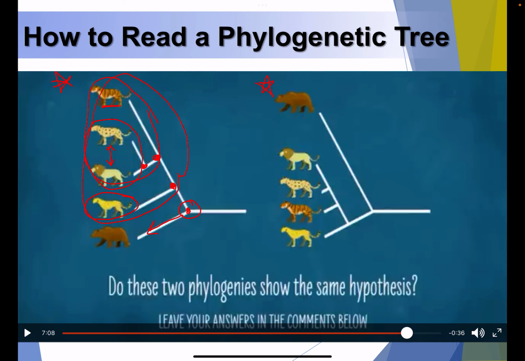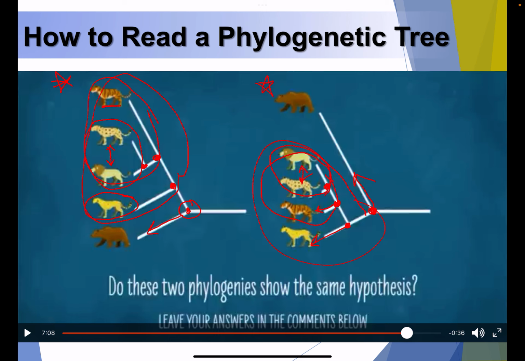So let's put in the dots and see how it goes. Here is one branch point going towards the bear and the rest of the group. Here's another branch point that goes toward the cheetah and the rest of the group. Here's another branch point that goes towards the tiger and the rest of the two groups right there. And here's that branch point that goes between the two sister taxa, lion and leopard.